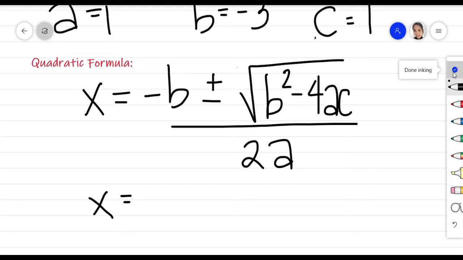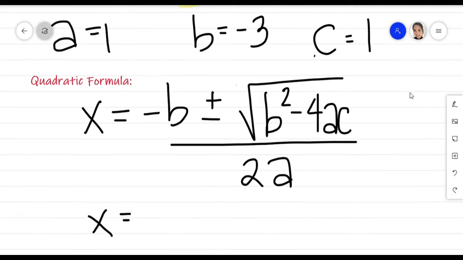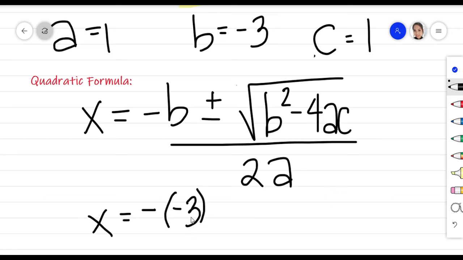Our b here is negative 3, so we place negative 3 inside the parentheses. We just copy the negative sign here, and the b is the negative 3 that we have here. Then copy plus minus square root of b squared.